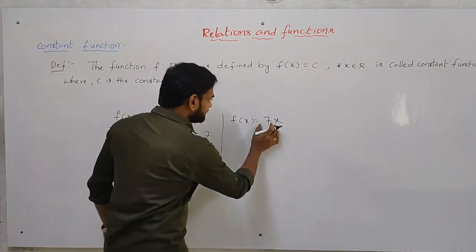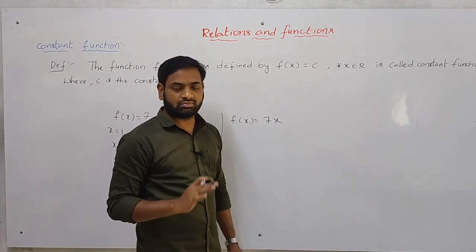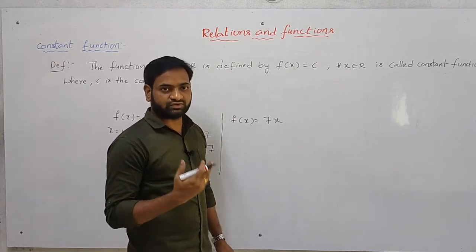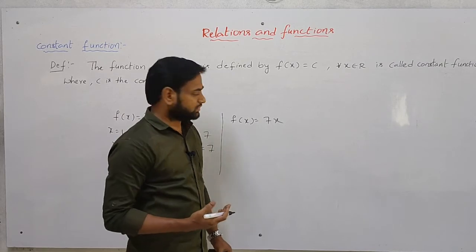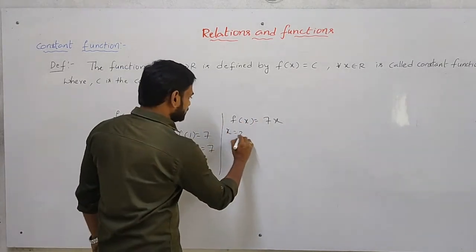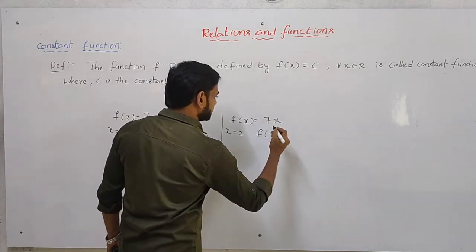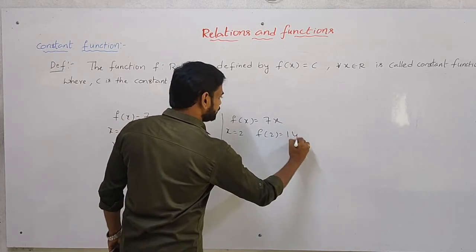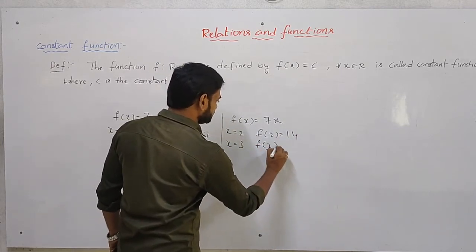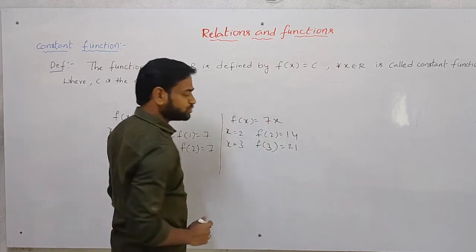Here f of x equal to 7x is not a constant function because it will change. The value of the function will change for different x values. Suppose x value if we take 2, then f of 2 is 7 into 2, that is 14. Suppose x equal to 3, f of 3 is equal to 3 into 7, that is 21.